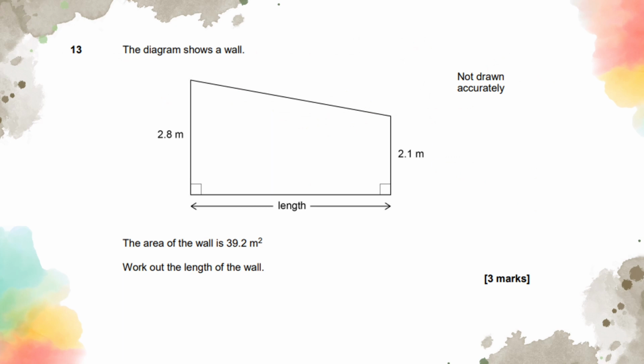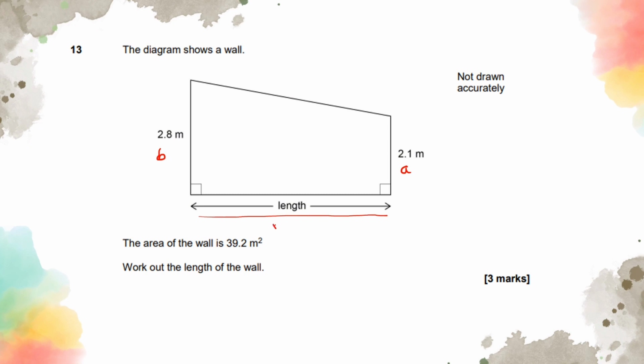Question 13. The diagram shows a wall. The area of the wall is 39.2 meters squared. Work out the length of the wall. This is a trapezium, okay? And we need to remember the trapezium formula, where we have A plus B times it by the height, which in this case is going to be the length that we're trying to find out.